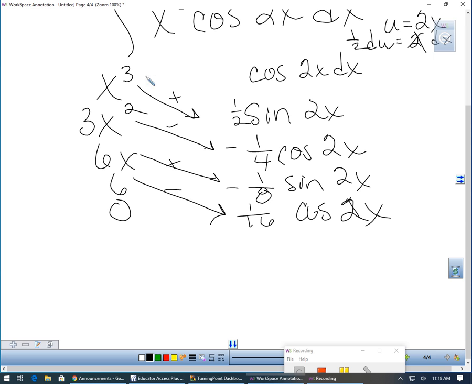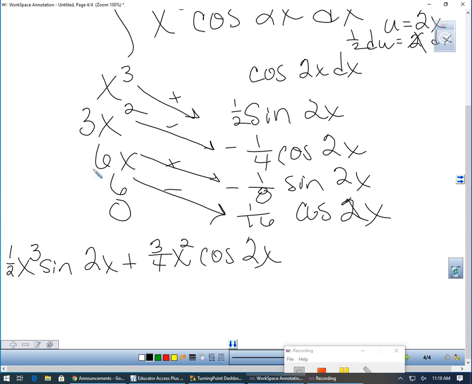So we have x to the third times 1/2 sine 2x. So x to the third, 1/2 in front, sine 2x. And the next one, we have 3x squared times a negative and a negative. So the two negatives become a positive. 3x squared times 1/4. I'm going to put the 3/4 x squared cosine 2x.